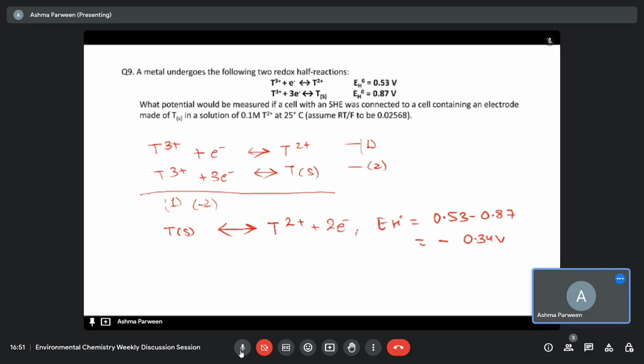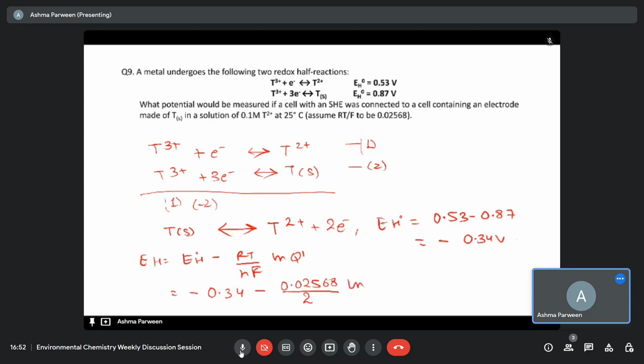So we will write the Nernst equation. It is E equals E naught minus RT by nF ln Q. So we have E naught as minus 0.34 minus RT by F, which was given as 0.02568, and the number of electrons is 2, into ln of the activity of T2+.